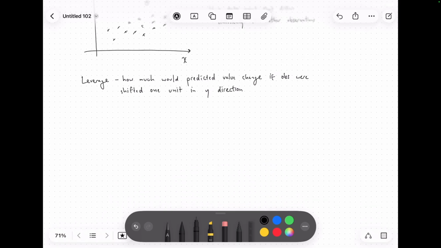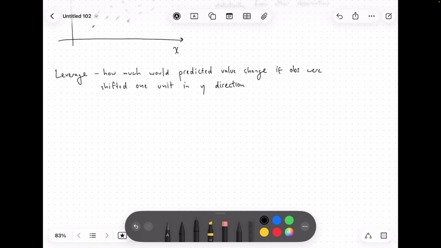Okay, that is the formal definition of leverage, and leverage is always between 0 and 1. Okay. There we go. All right.